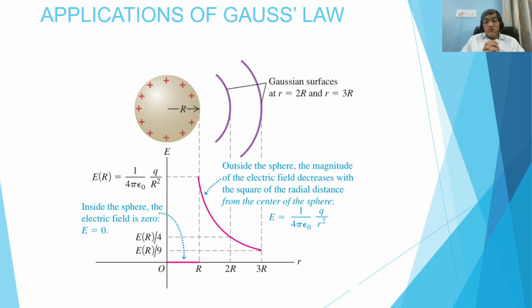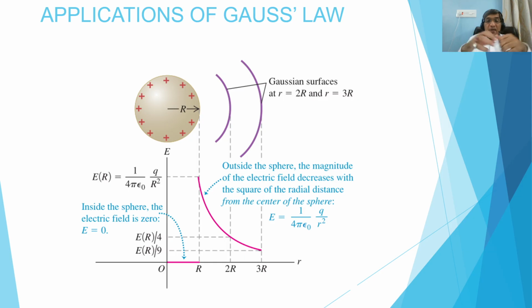It is very important to note that outside the conductor, the electric field decreases as we move away from the conductor, and at the surface its value is the maximum, which is Q over 4 pi epsilon naught capital R squared.